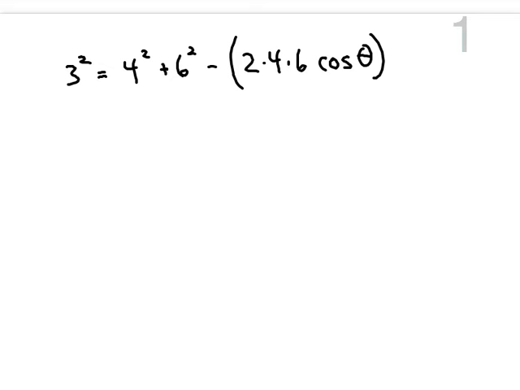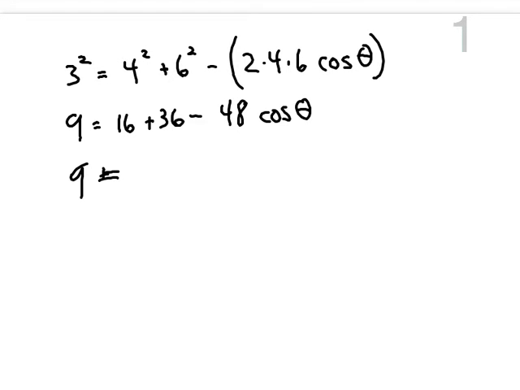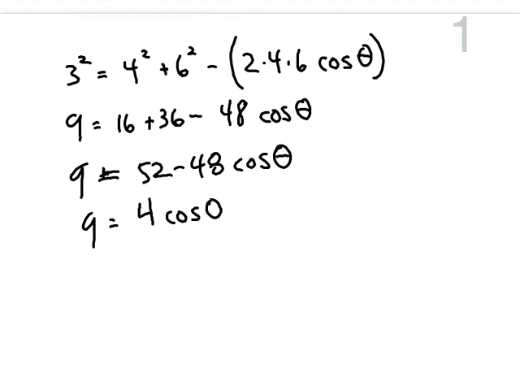What people do, square these first. So I have 9 equals 52 minus 48 cosine of theta. So 9 is equal to, what is that, 4 cosine of theta.